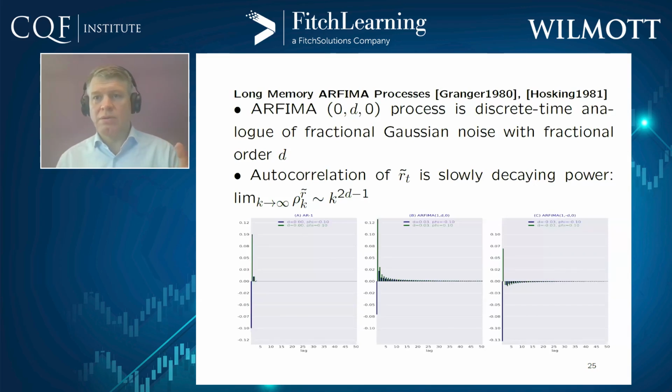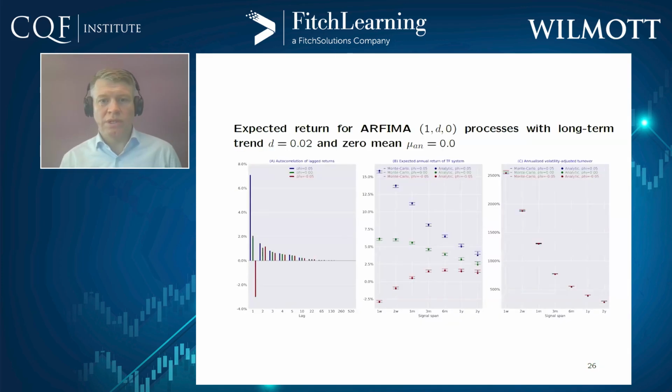So in the end, there is high autocorrelation between returns at distant lags. And of course, it can also be negative, like mean reversion. If this fractional parameter is negative, then we have negative autocorrelation.